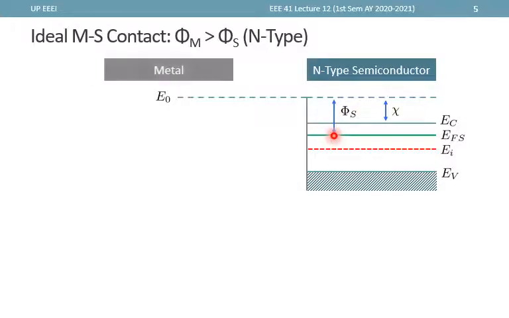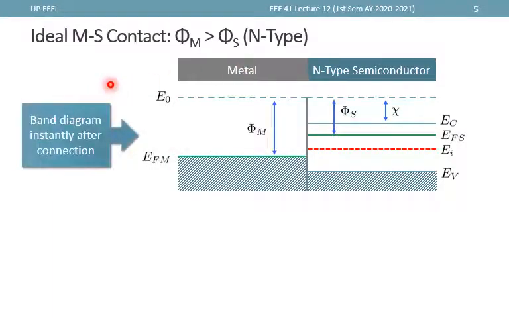Now, if we add a metal and put it in contact instantaneously to this N-type semiconductor, then this metal would have a known work function, and that would help us locate the Fermi level at the metal side.